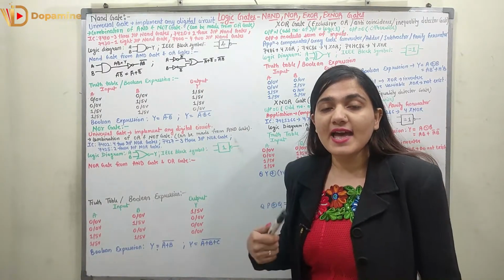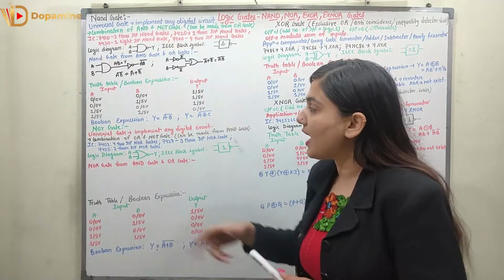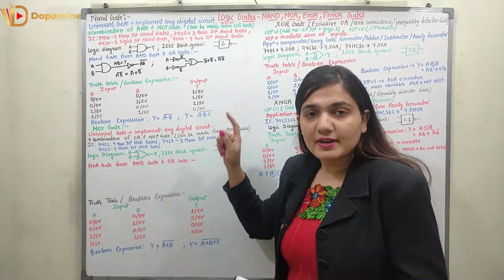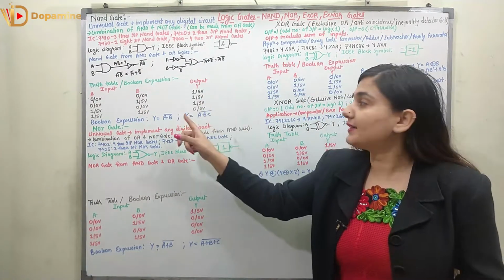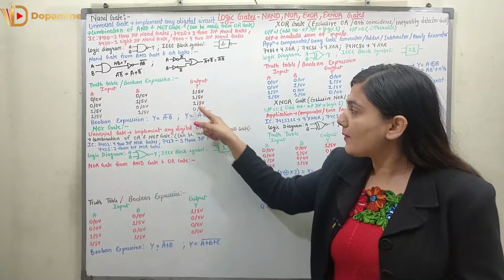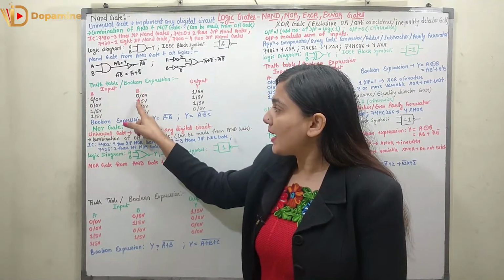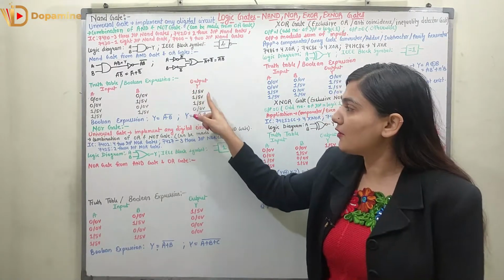So NAND is actually the invert of AND. For the AND, whenever we have the 2 inputs as high, only that time I was getting 1, right? So here whenever we have 2 inputs as 1, that time I will be getting a 0, else I will be getting always 1. So whenever I have the input as 0 or 0 volt, again the second input is 0, that is 0 volt, the output is high, that is 1 or 5 volt.